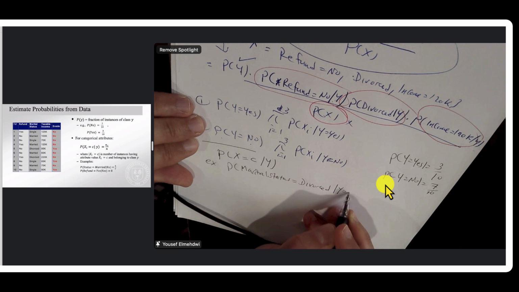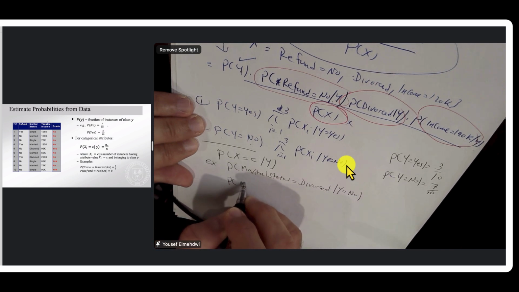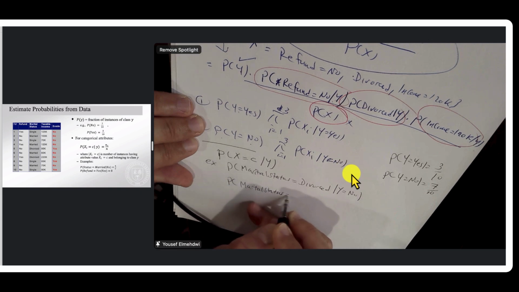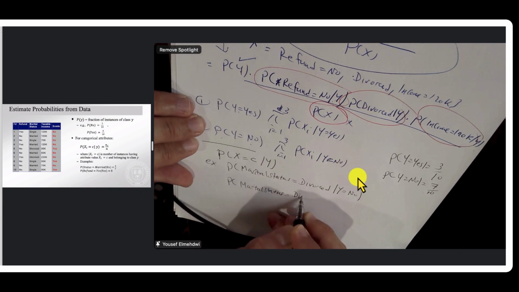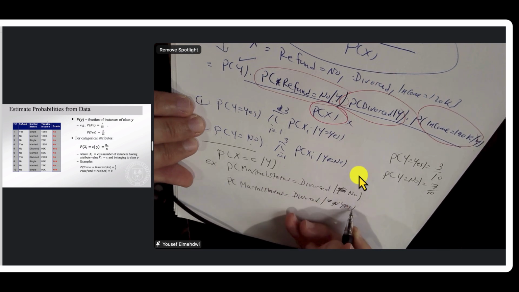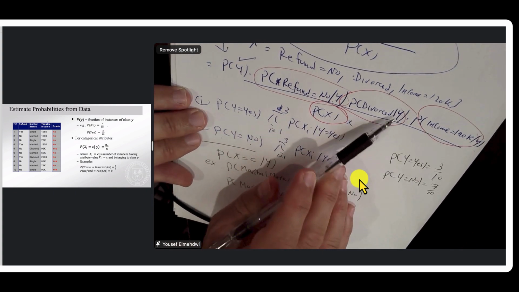For y equal to no, I need to compute the probability of marital status equal to divorce given no, and that's what you try to do here, for y equal to yes and y equal to no.